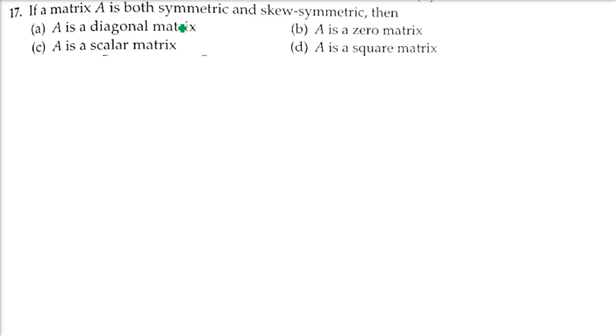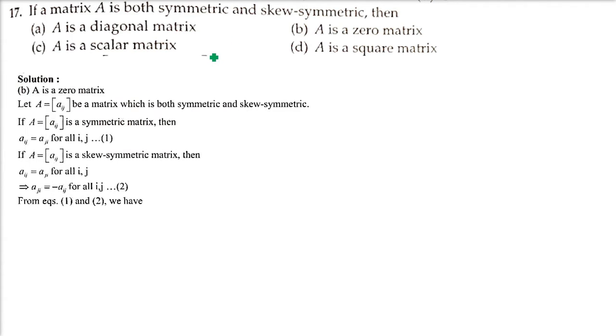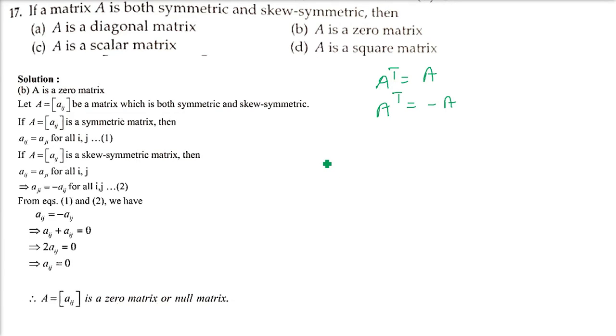If a matrix A is both symmetric and skew symmetric, then, as we have already seen, this can only be a zero matrix. I'll tell you how. A transpose equals A, that is a symmetric matrix. A transpose equals negative A, that is a skew symmetric matrix.